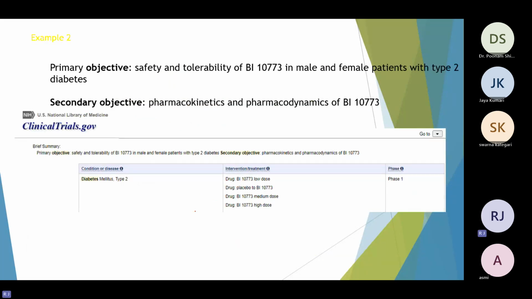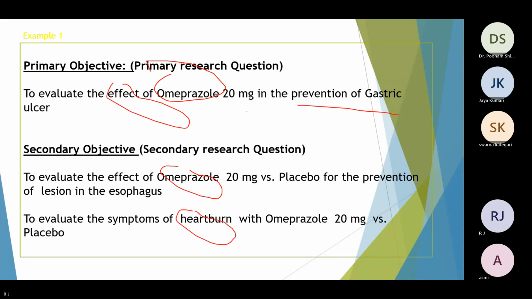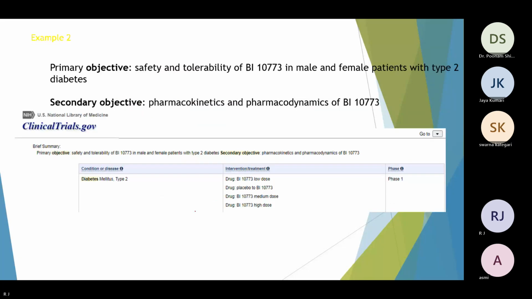Okay, so this might be my secondary objective, my secondary research questions. Now let's see with the help of one more example.